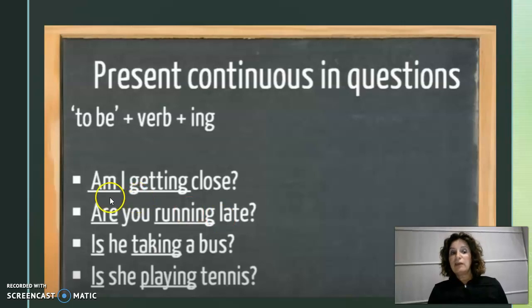But if I want to ask a question, I have to put am in front of I, are in front of you. Okay? Don't forget about it. Is he taking a bus? Is she playing tennis?